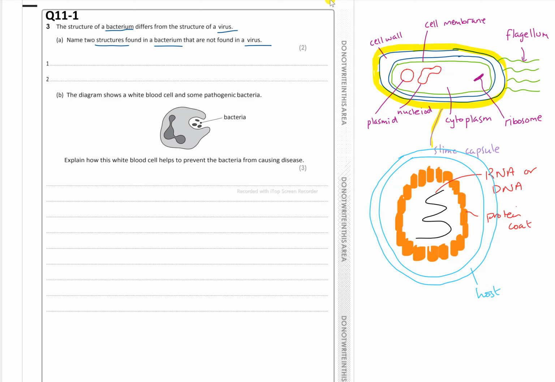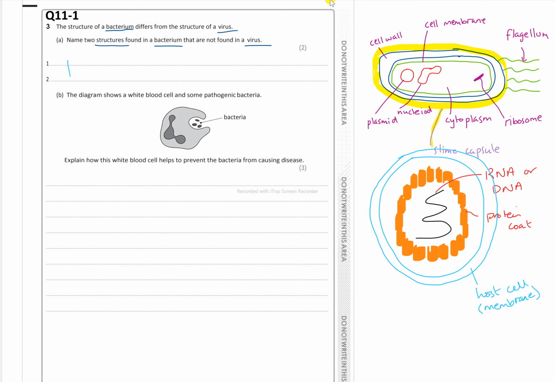So the cell it infects. You'd call it a membrane, I suppose. So it's nicked from the host cell. So that's the structure of a virus, and that's the structure of a bacterium.